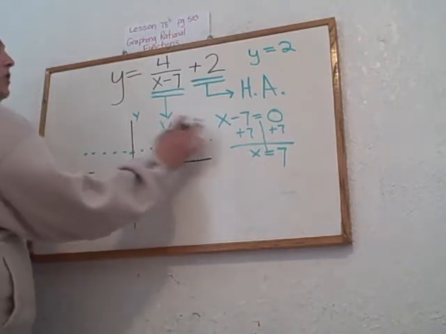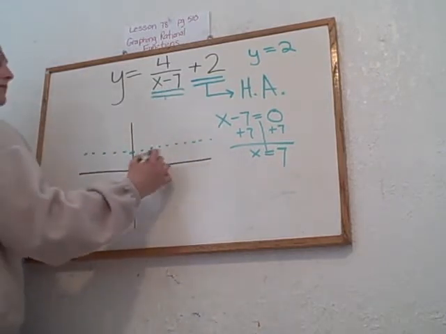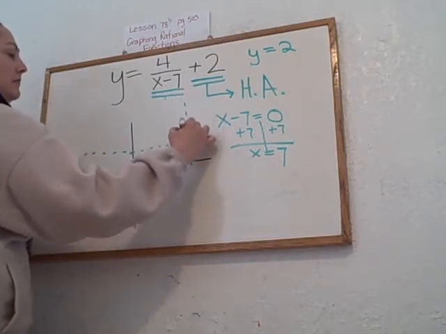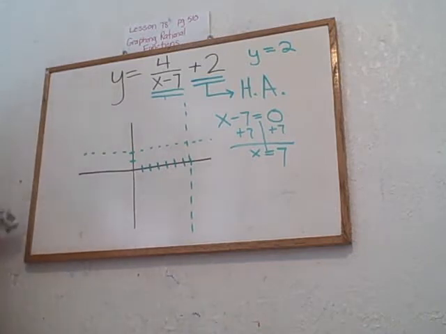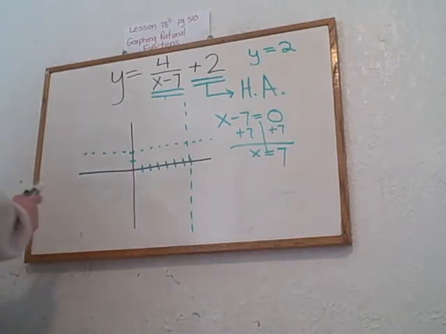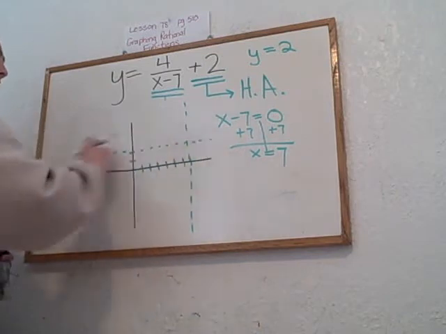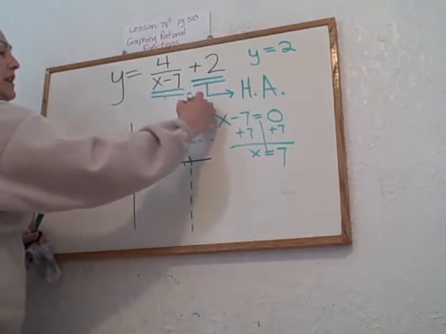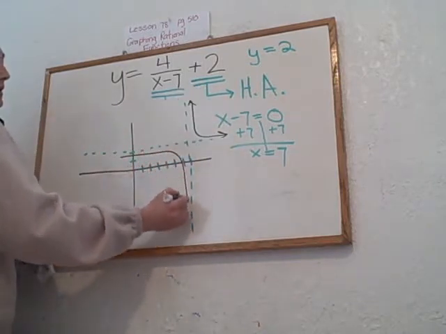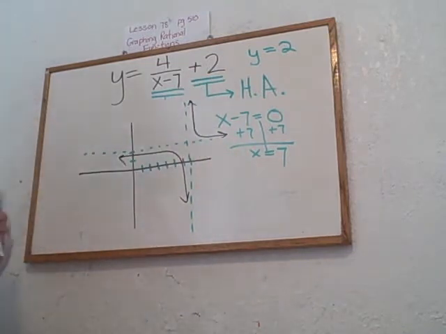My vertical asymptote is x is equal to 7. Once I have my asymptotes, I can sketch my rational function in the new restricted areas. So this is now my first quadrant, which is here, and then my third quadrant, which is down here. And that would be a sketch of this rational function.